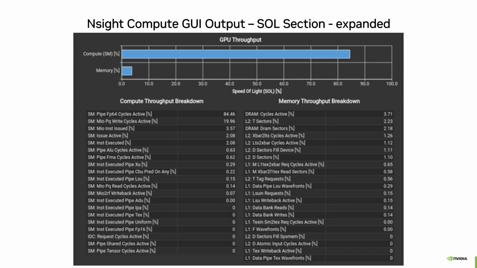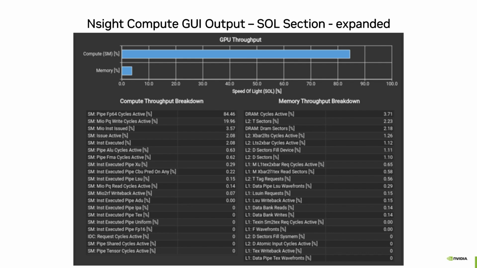For arithmetic work, for example, we might have different pipes or functional units that process integer operations versus floating point operations. In fact, the individual pipes reported include 64-bit floating point, 32-bit floating point, integer operations, and tensor core operations, as well as other types. Again, you can get individual descriptions by hovering the mouse over the measurement title of interest.